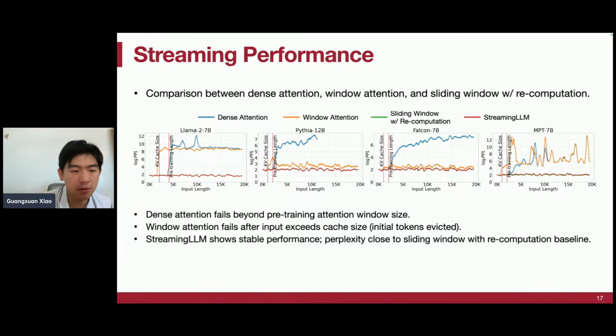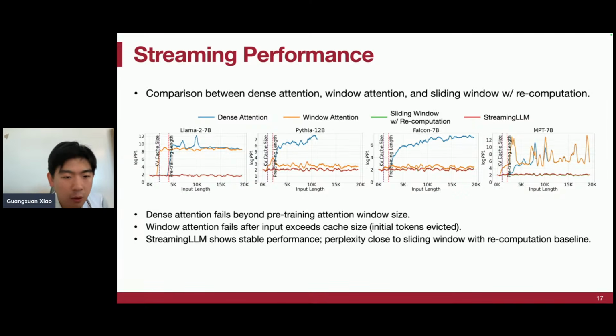So here are some empirical results. We compare StreamingLLM with dense attention, window attention, and sliding window with recomputation. The results are basically what we already explained. Dense attention, which is the blue line, fails beyond the pre-training attention window length. Window attention, which is the orange line, fails after the input exceeds the cache size, when the initial tokens are evicted.